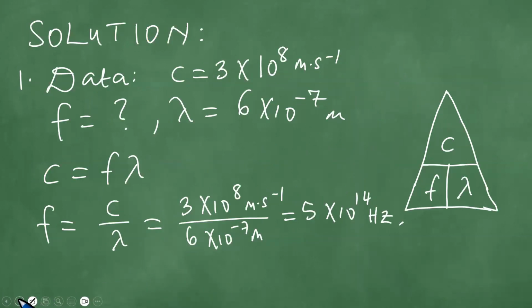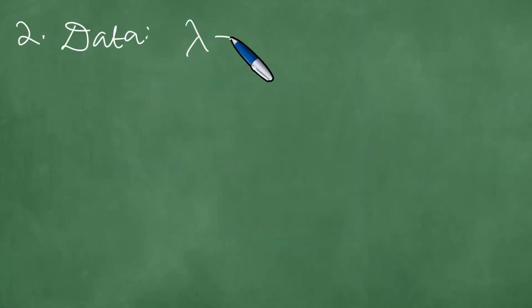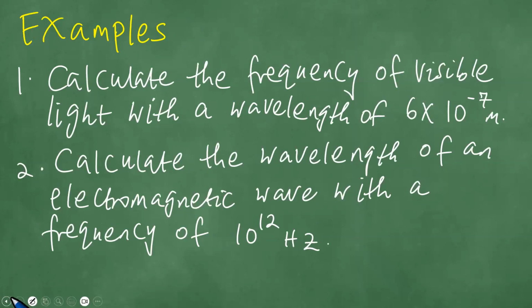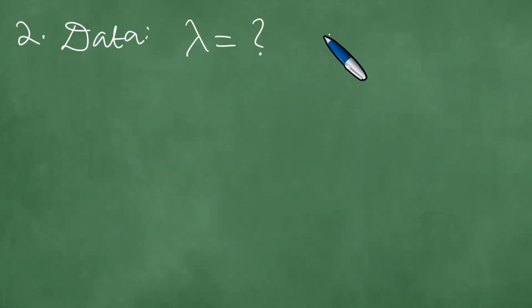So we're looking for lambda. So lambda equals a question mark. And we want to find the wavelength of an electromagnetic wave with a frequency of this much. So the frequency is 10 to the power 12 hertz.